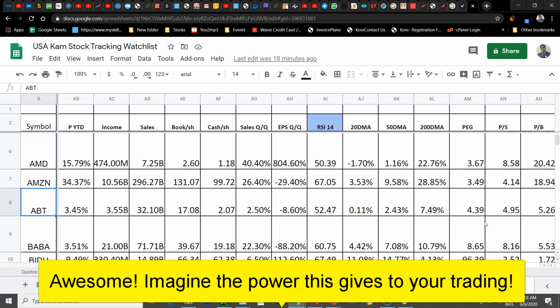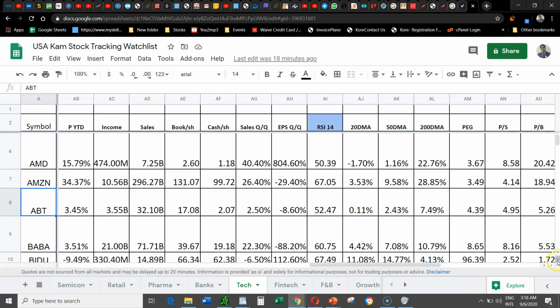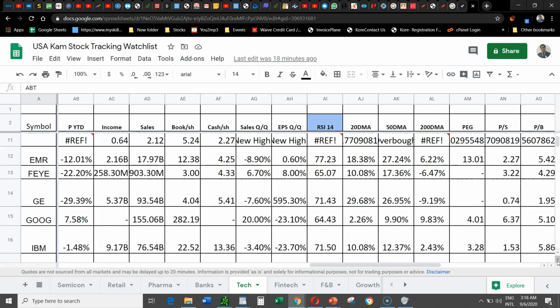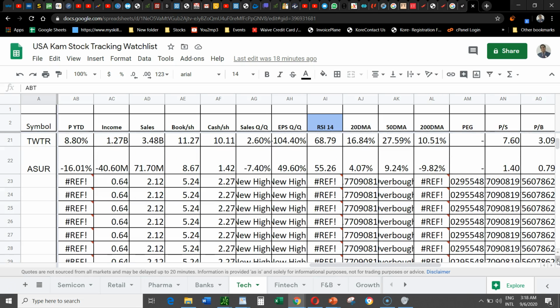So we all know that if the RSI is above 70, 80, then it's overbought like these. If the RSI is near its 20s, then it's low.